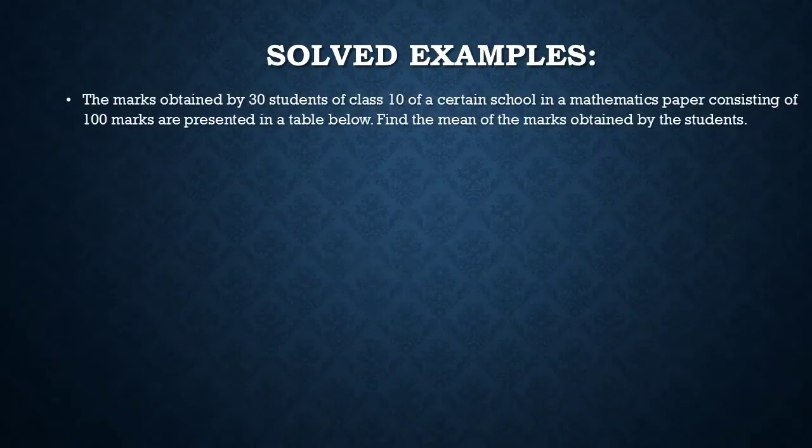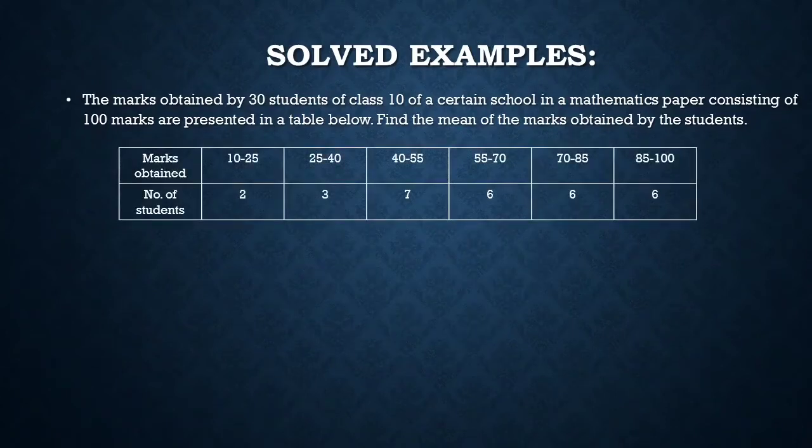So the first example is: the marks obtained by 30 students of class 10 of a certain school in a mathematics paper consisting of 100 marks are presented in a table below. Find the mean marks obtained by the students. So they have given us the data of 30 students of class 10 in a mathematics test, where the score is 100 marks. So here marks obtained are divided into class intervals, and the number of students who scored the corresponding marks.